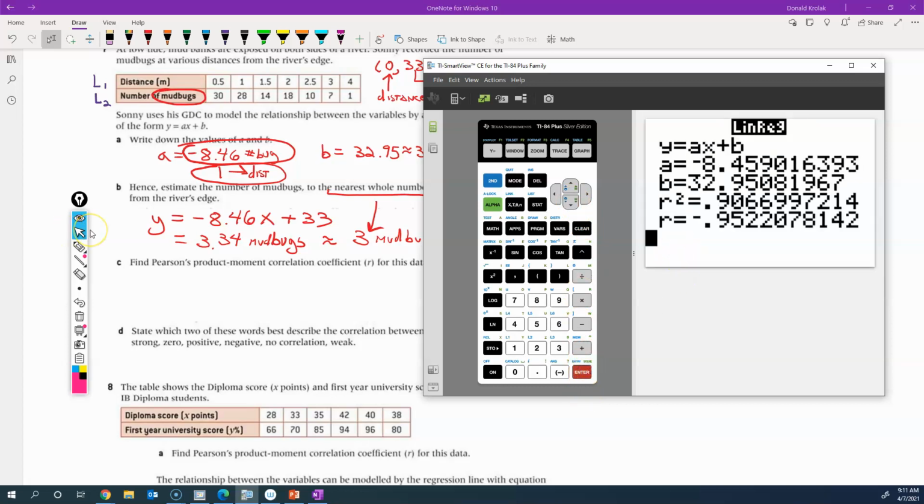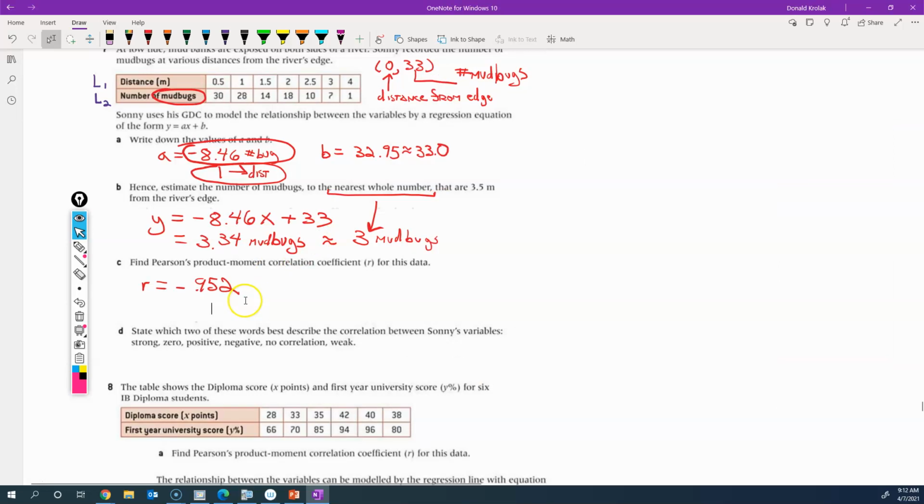Okay, so R is, so we have a negative 0.952. So that makes sense because as you move away from the bank, as the distance from the bank increases, the number of bugs decreases. So we've got a negative and 0.95, pretty strong.